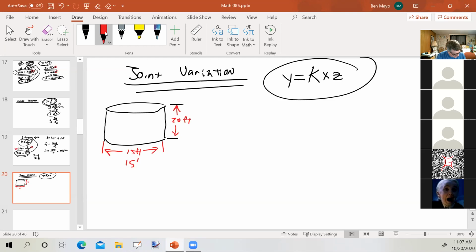So this is a storage tank for oil. Now, the number of gallons varies jointly. So let's see, how about G equals number of gallons? That's a G, not a 6. Okay. H is the height of the tank.